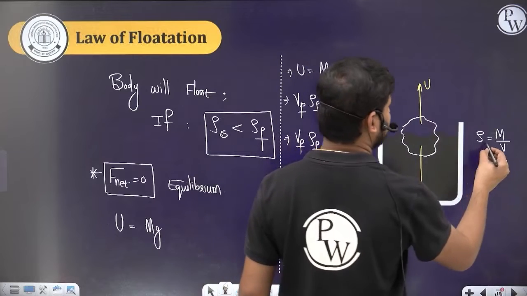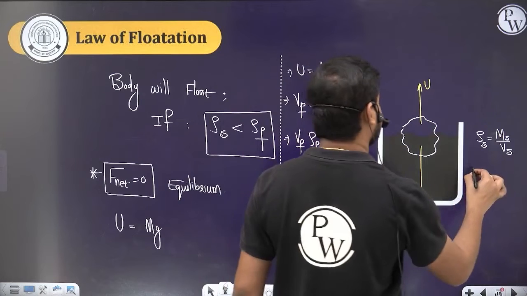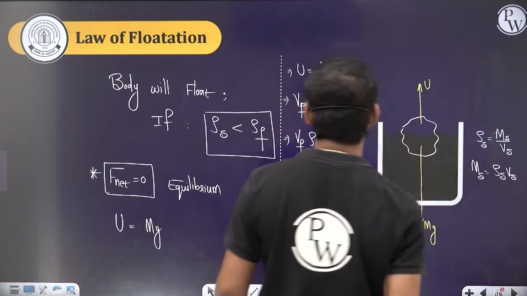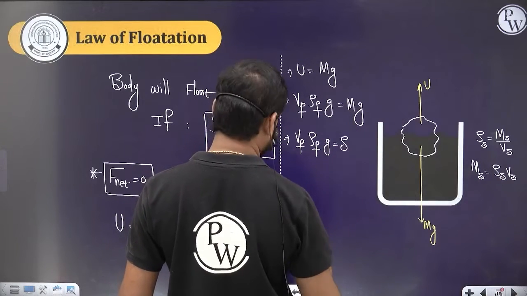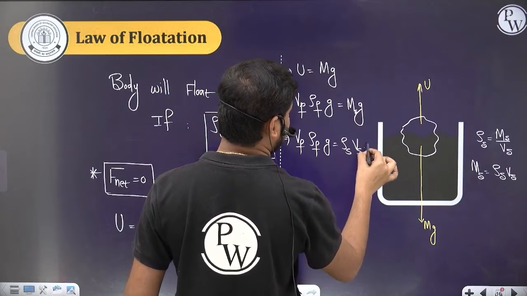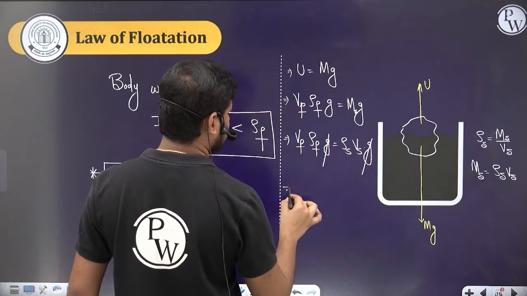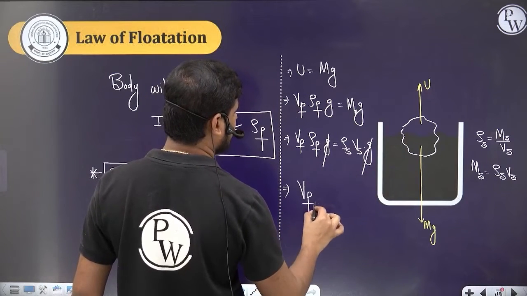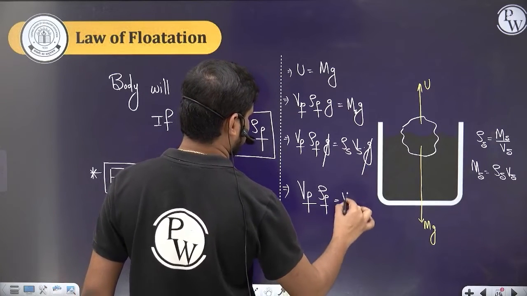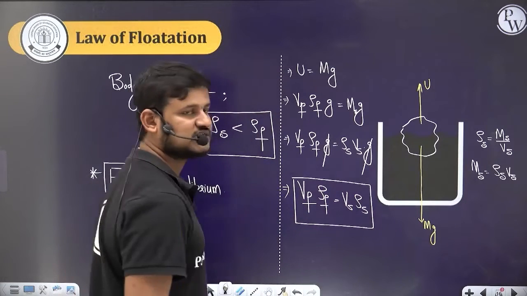So the mass of the solid equals the density of the solid into the volume of the solid. In place of the mass, I'll write rho s Vs into g. I cancel g and g. So the condition for flotation is Vf rho f equals Vs rho s.